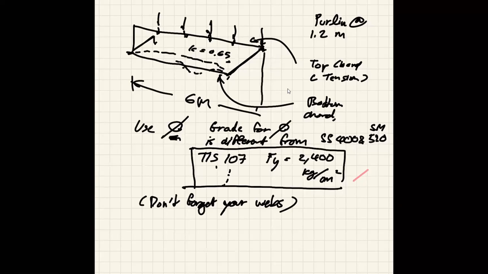And for the compression member, it's easy because K is equal to 1 and the length will be just the length of the member, the unbraced length. Okay, and for tension member, it's just so straightforward. You just pick based on the yielding and rupture. Okay. You need to design your top chord as well. Don't forget that. Okay.